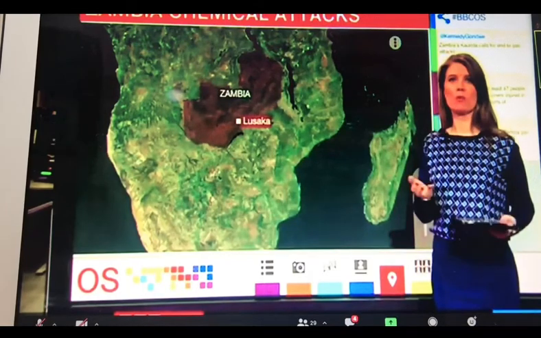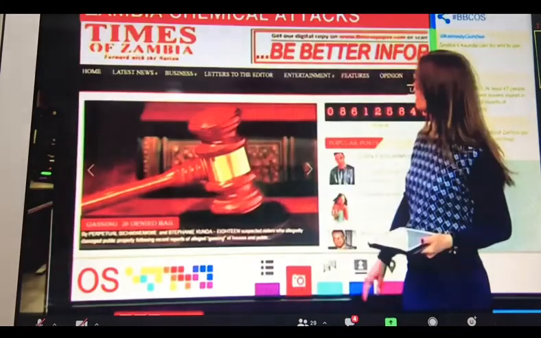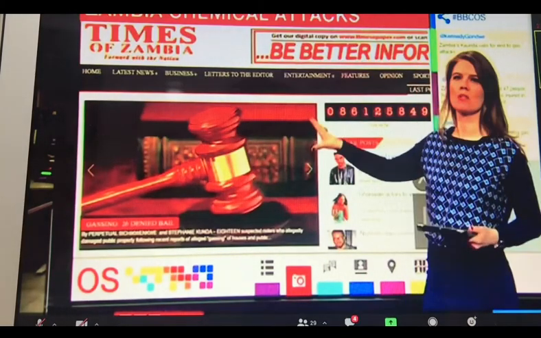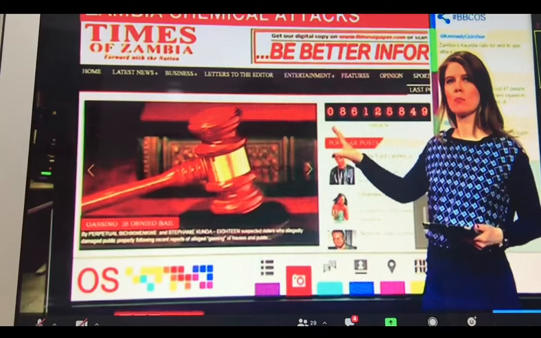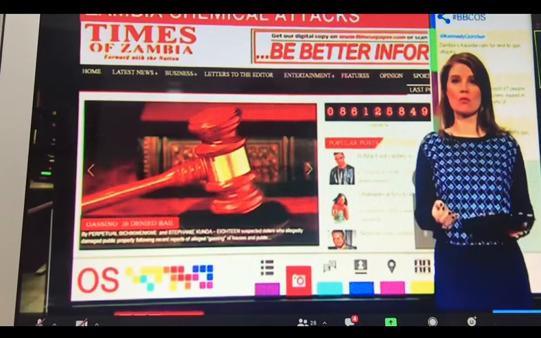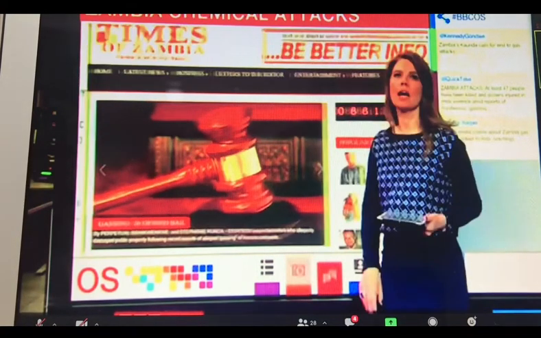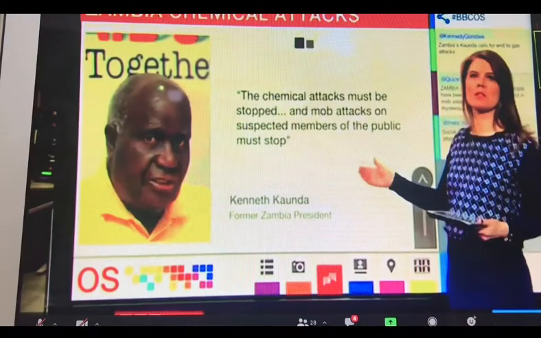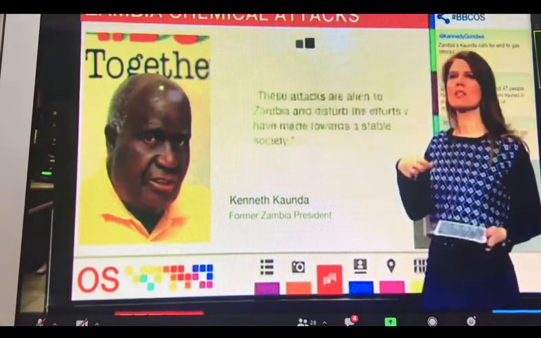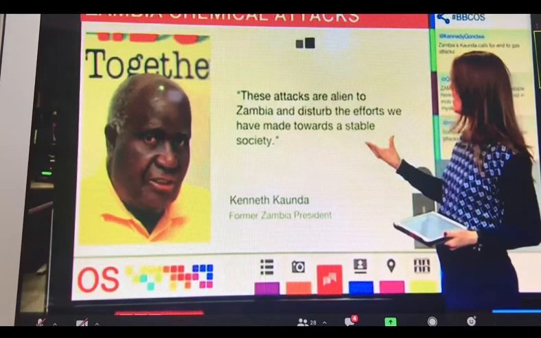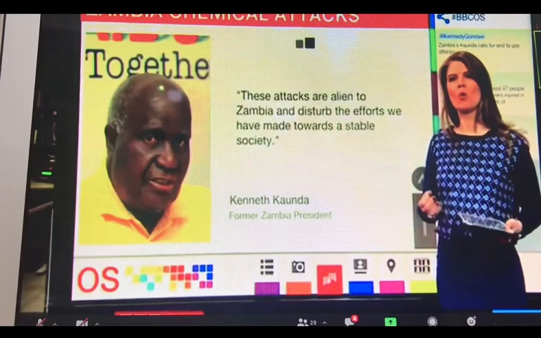There have been riots, and the story is actually front page news in the country at the moment. Let's take a look here. This is the Times of Zambia. It says rioters have been denied bail after allegedly damaging public property. Others are trying to calm things down. Zambia's founding president, Kenneth Kaunda, has said that the chemical attacks must be stopped, and mob attacks on suspected members of the public must stop. He went on to say as well that these attacks are alien to Zambia. They disturb the efforts we have made towards a stable society.